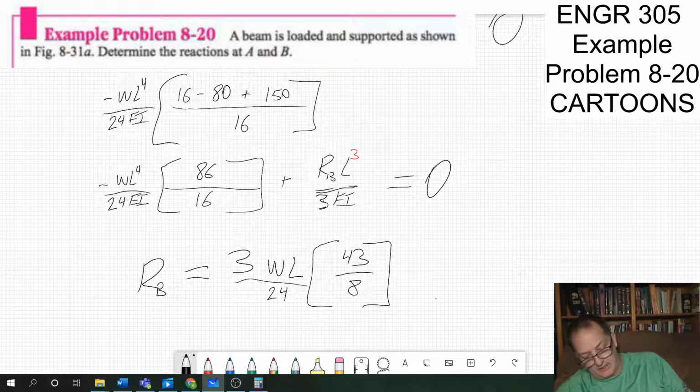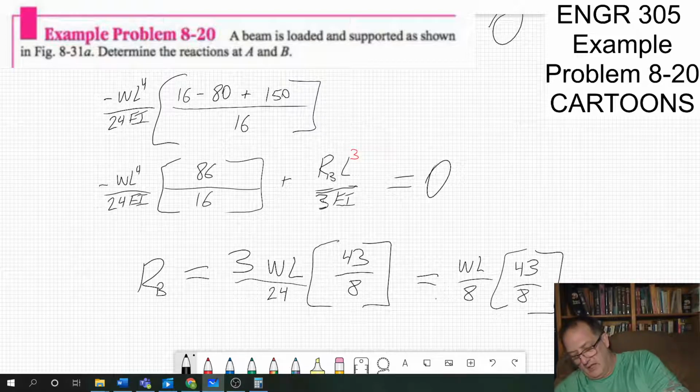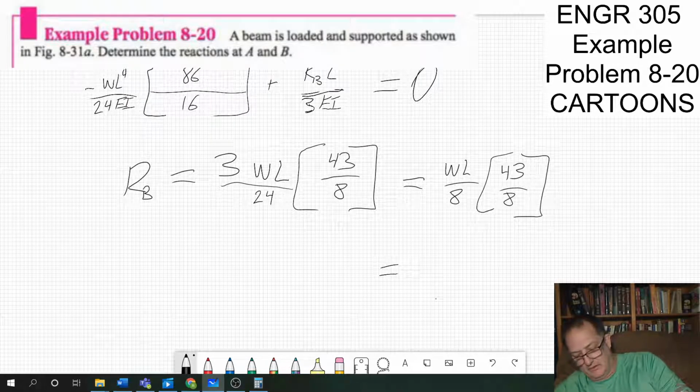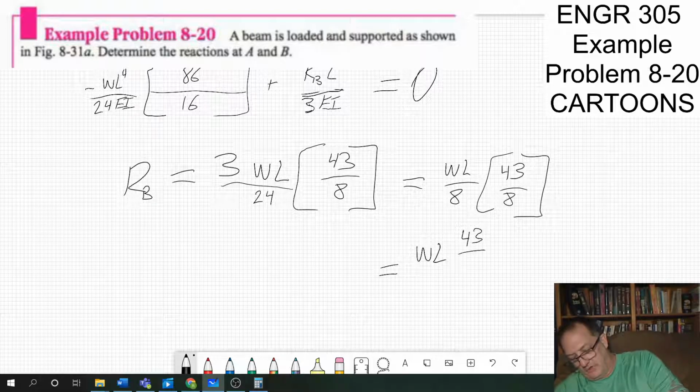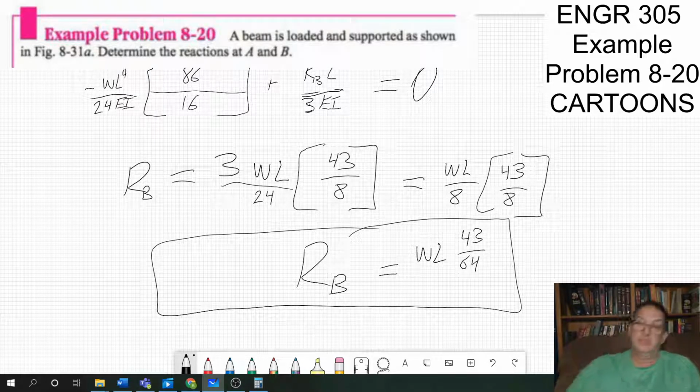And now I can look at the 3 and the 24, and I can reduce that to being WL over 8 times 43 over 8. And that's going to give me WL times 43 64ths.